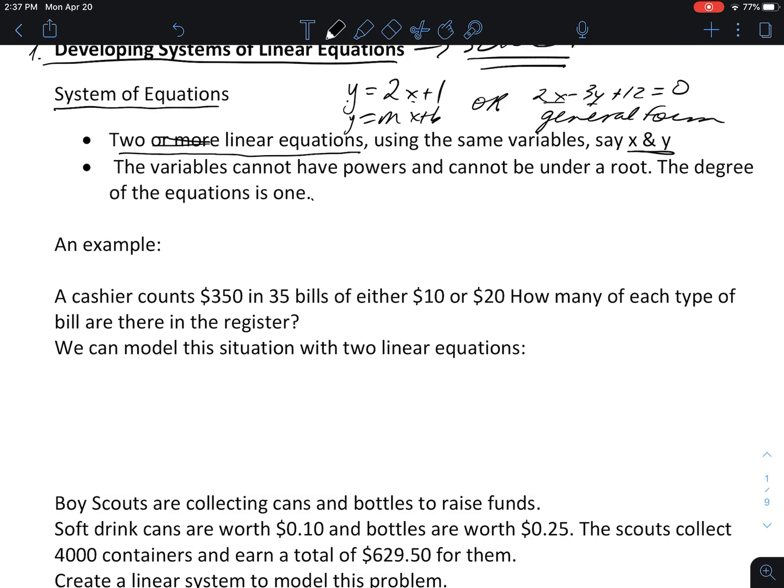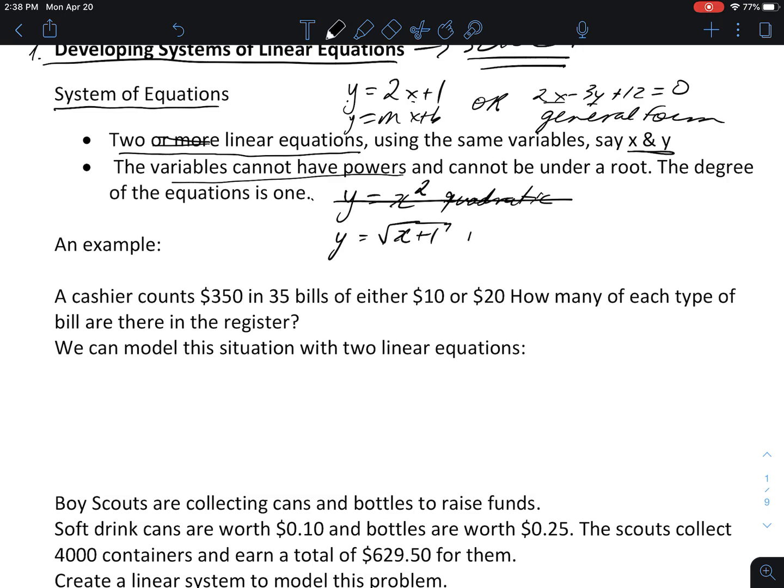Okay, and using, say, the variables x and y. So this one, I'm using x and y. This has an x, this has a y. It could be other letters, could be other variables. And our other condition here is the variables cannot have a power. So I'm not going to have something like y equals x squared. This is quadratic, so it's not linear.